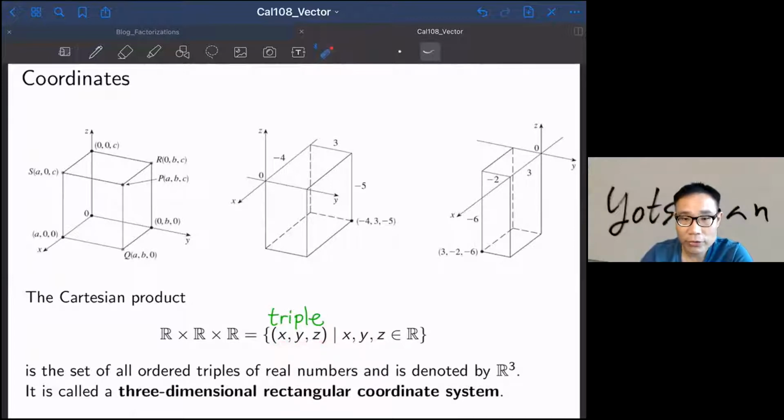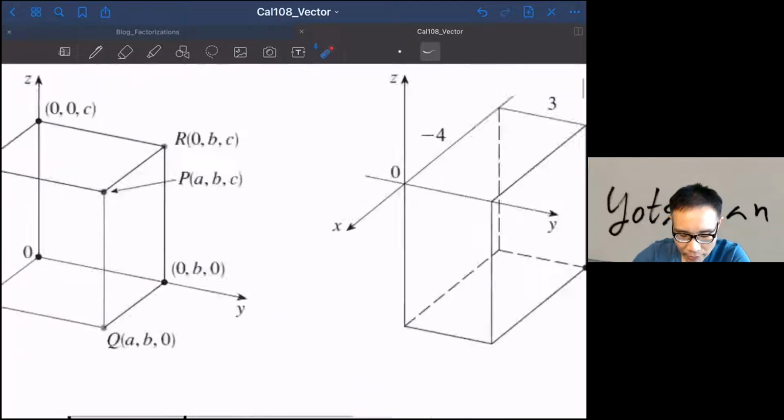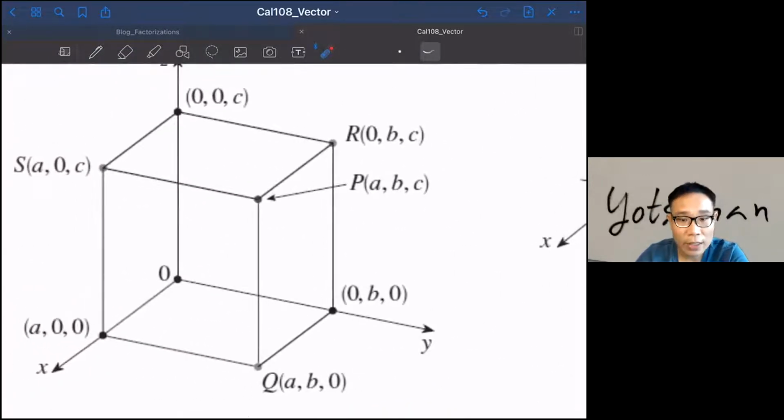These 3 numbers give you the location on the x-axis, on the y-axis, and on the z-axis respectively. So when you see A, B, and C, it means that you're gonna have A units in x, B units in y, and C units in z. So you're gonna have the location P(A, B, C).